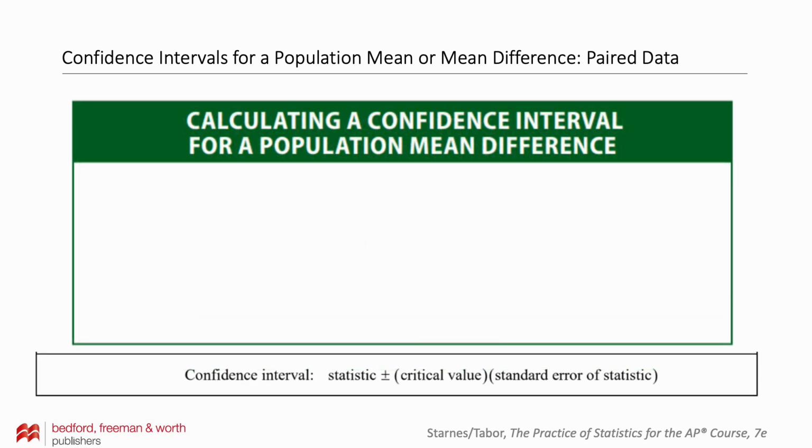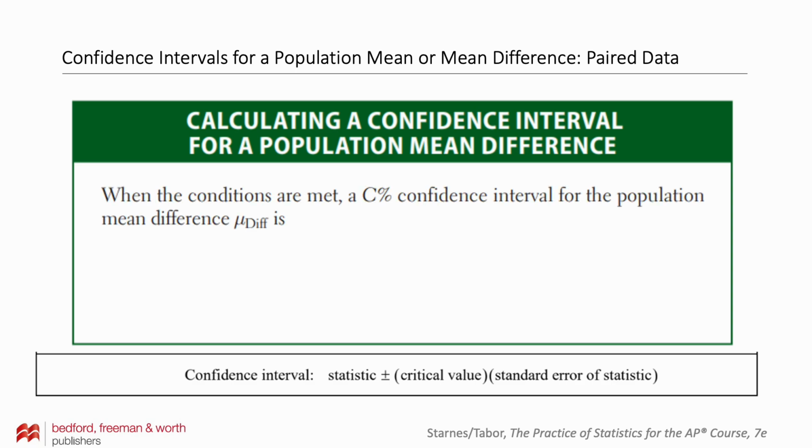When we're doing a confidence interval, we're going to do kind of the same thing. Remember, our statistic plus or minus our critical value times our standard error. Here our statistic is x bar diff, so we have to find the mean of the difference, plus or minus our t star, because we're talking about means, times the standard error.